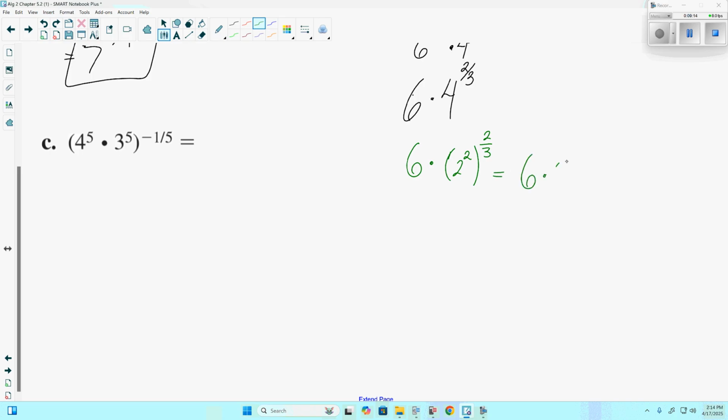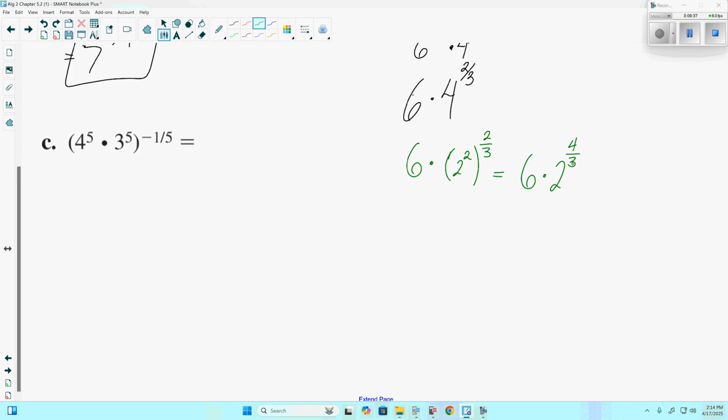Powers of powers do multiply again. But 4/3 still does not reduce. It doesn't get simpler. It's not simplified. And is 4 to the 2/3 any simpler than 2 to the 4/3? No.